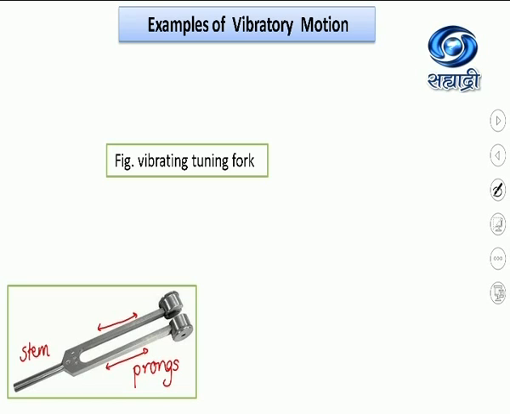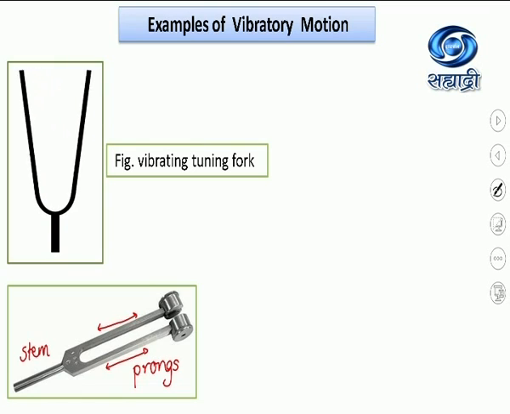When these prongs are hit on a rubber pad, the prongs of the tuning fork are set into vibration, which can be observed here on the screen. In this way, a tuning fork is set into vibration.